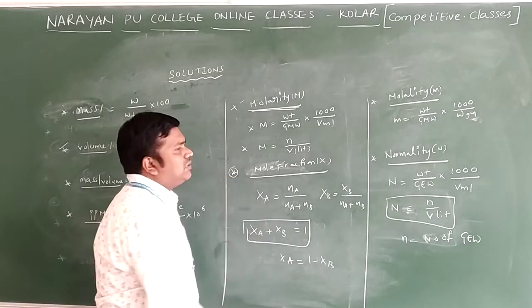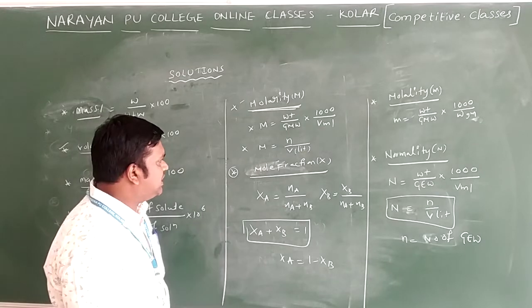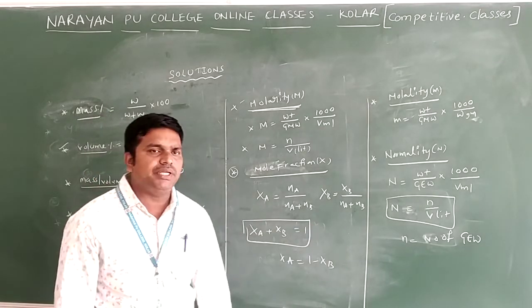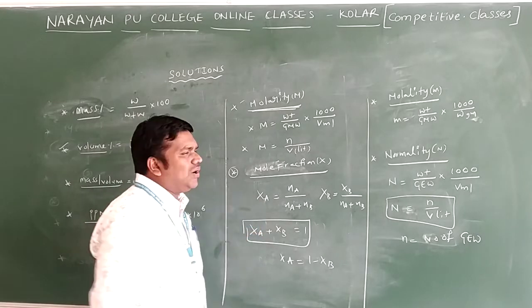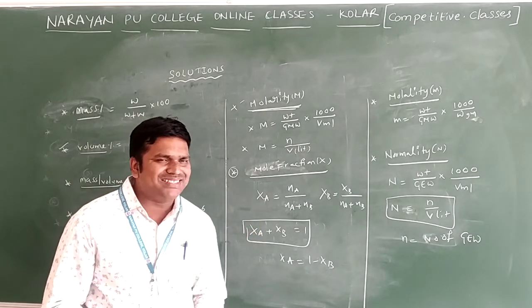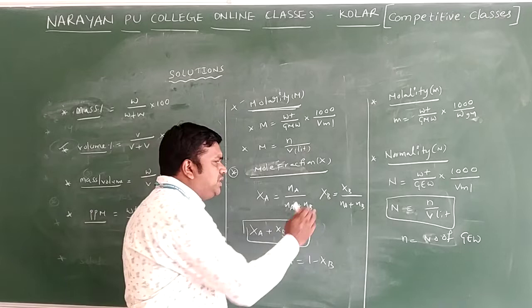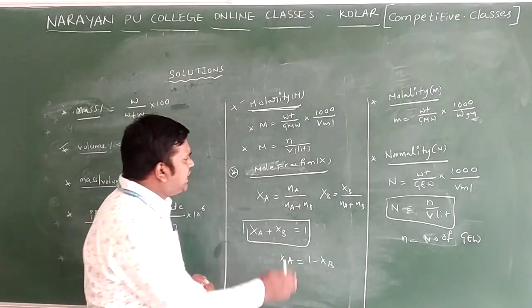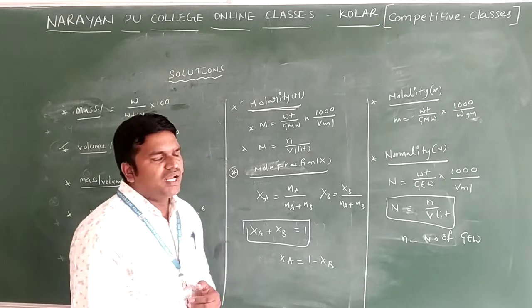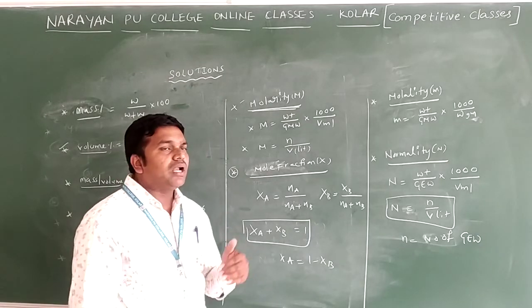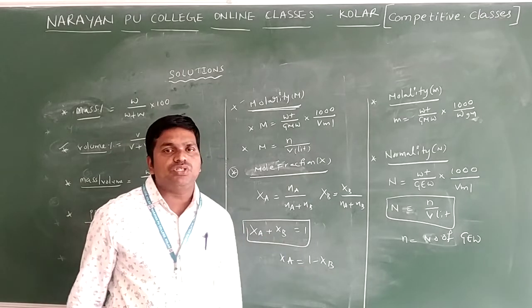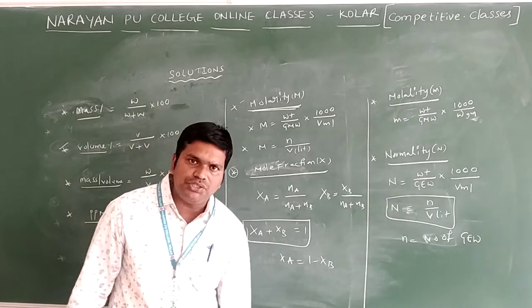And we have the next concentration term, that is mole fraction, denoted by capital X. So XA, what is A? A you can imagine is the solute. What is B? B is the solvent. What is the definition of mole fraction? It is the ratio of number of moles of one component to the total number of moles of all components in the solution.